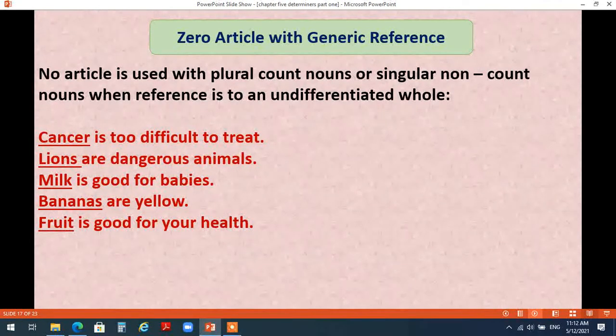For example, cancer is too difficult to treat. هنا استخدمنا cancer اللي هو non-count noun اسم غير معدود بالإشارة إلى all types of cancer in general.